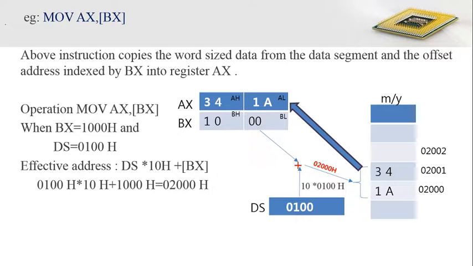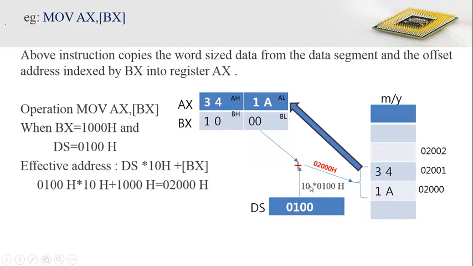Okay, so while executing this MOV AX, content of BX instruction, what will happen? We need to convert this 16-bit information available in the data segment register into a 20-bit information by performing this 10 into 0100.